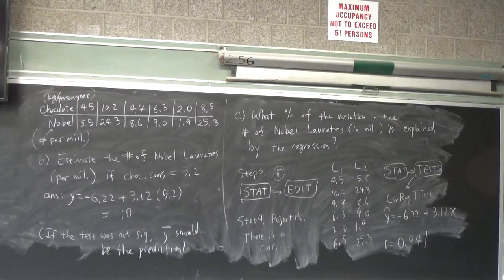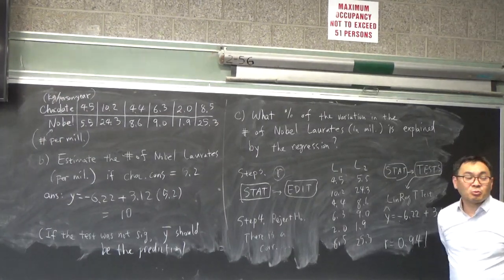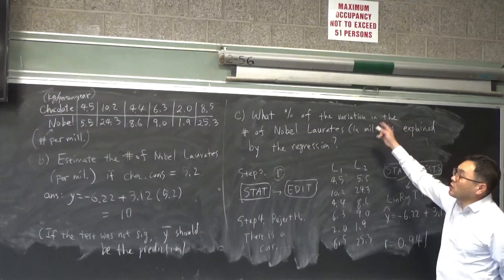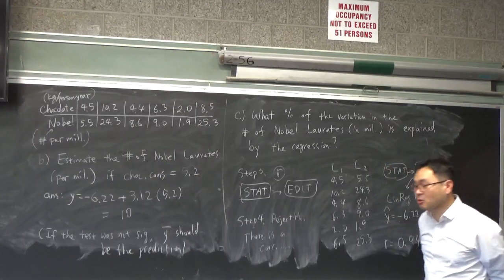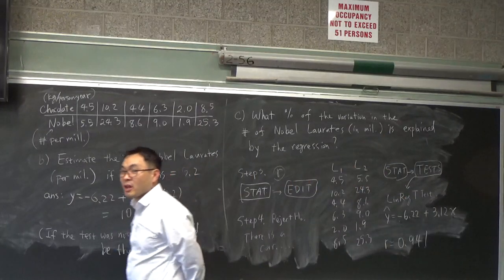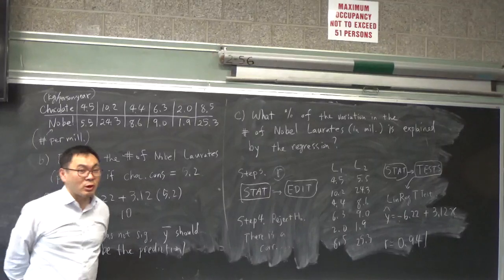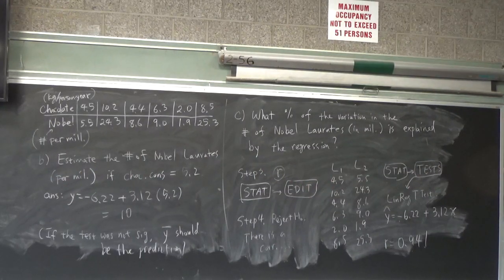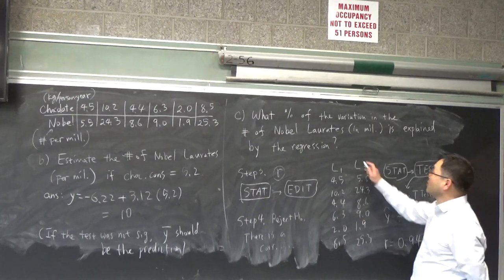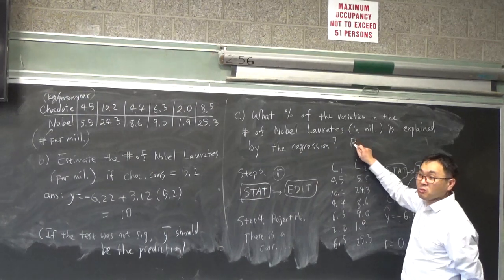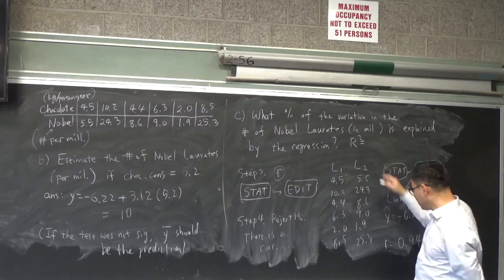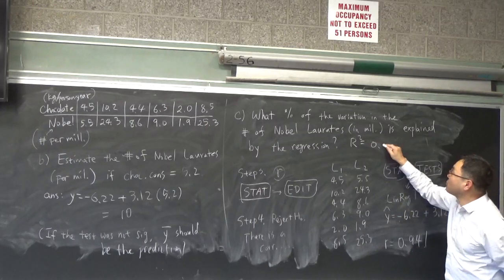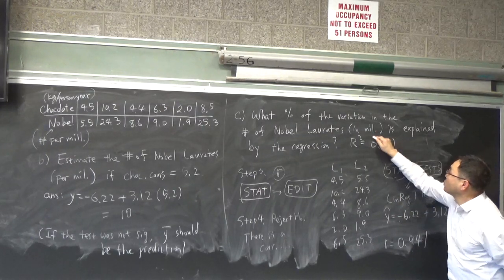What value describes such a thing? If you want to know what proportion of the variation of y is described by y hat, it's capital R squared. So the answer should be capital R squared, which is this value 0.941 squared.